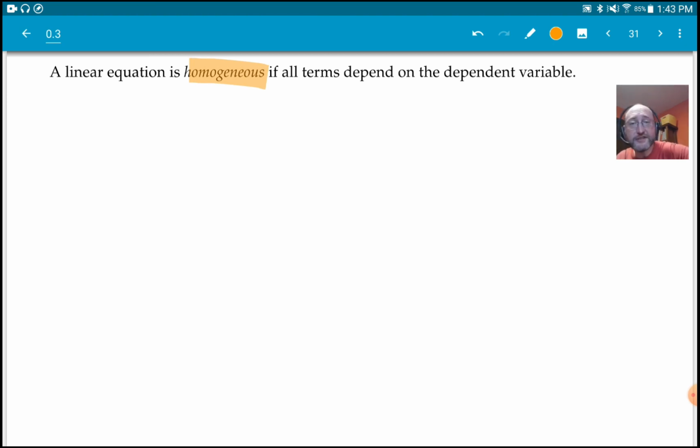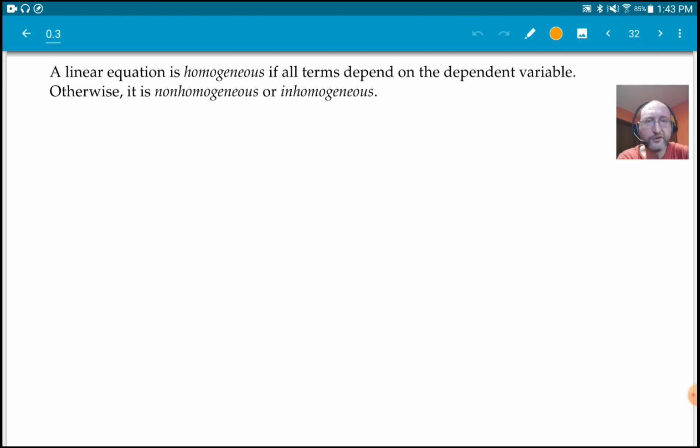But it's homogeneous if all the terms depend on the dependent variable. What does that mean? That there is nothing left over, like I was saying before. Otherwise we say it's non-homogeneous or inhomogeneous, however you would pronounce that word.